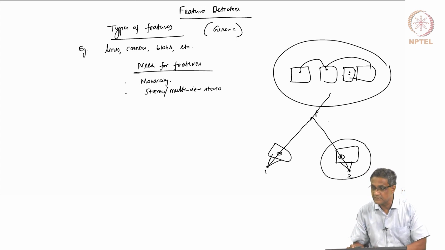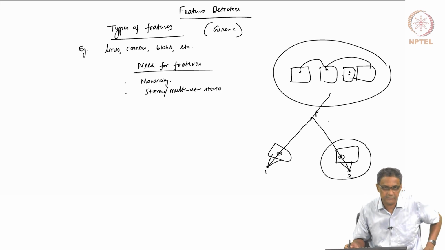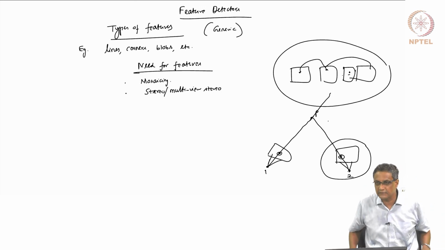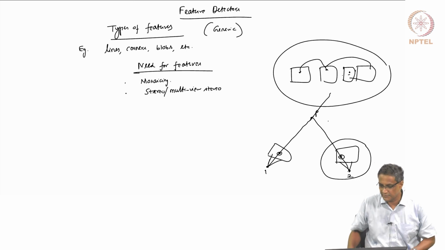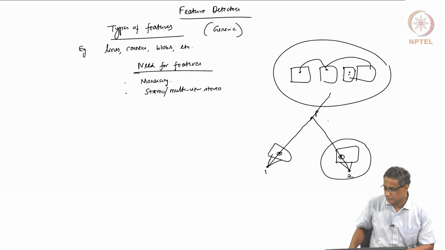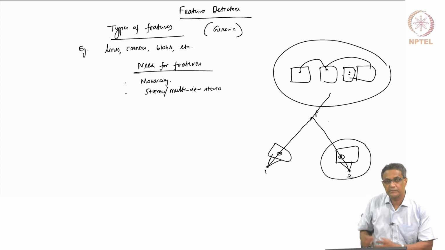But just that is not enough. I need to be able to match them, because unless I match them, none of this is very useful. If I simply get feature points in every image, what do I do with them? Except for knowing that this image has a lot of activity, beyond that I can't make much use of those images. So what you need is a descriptor.